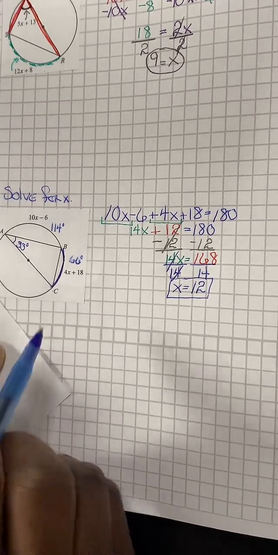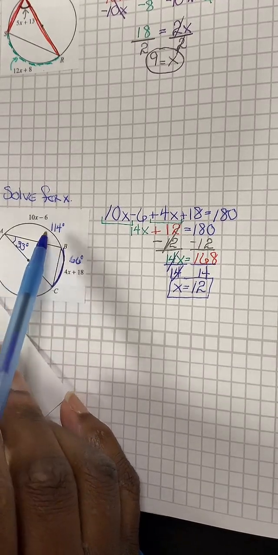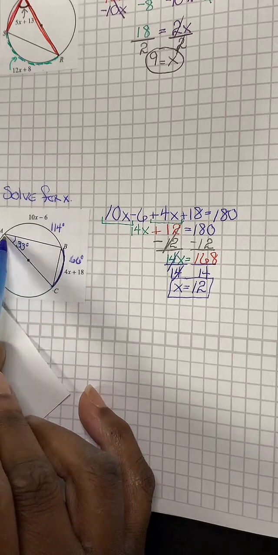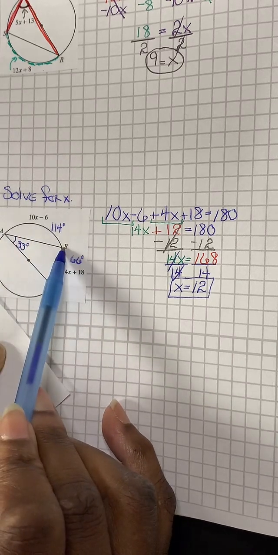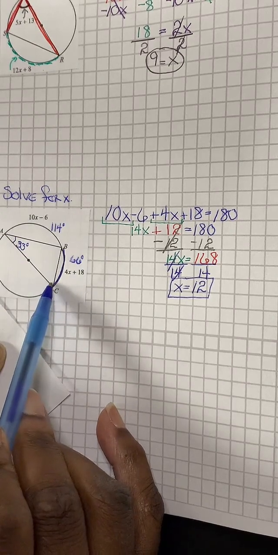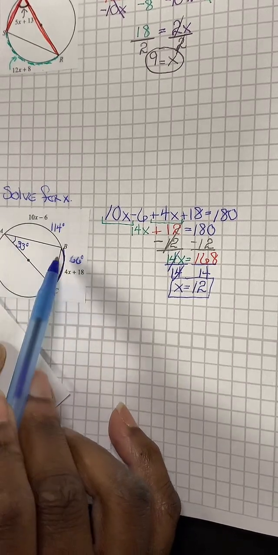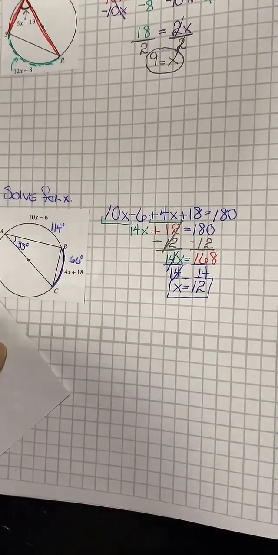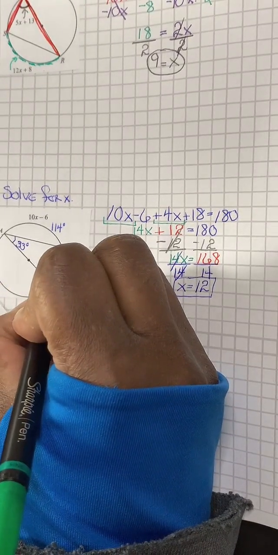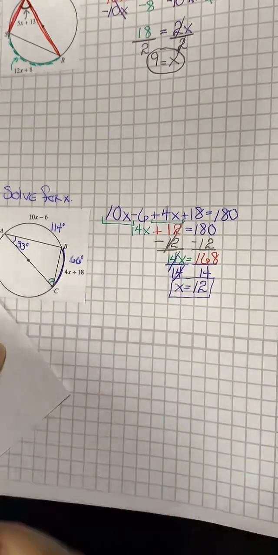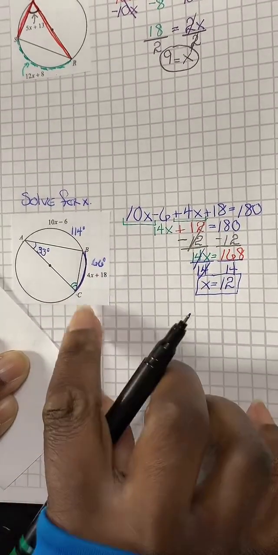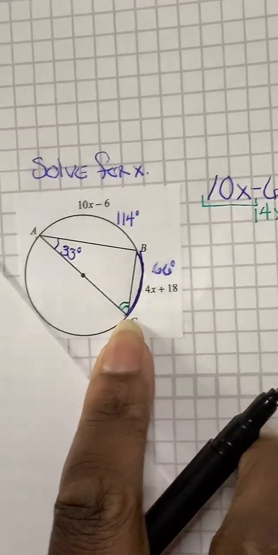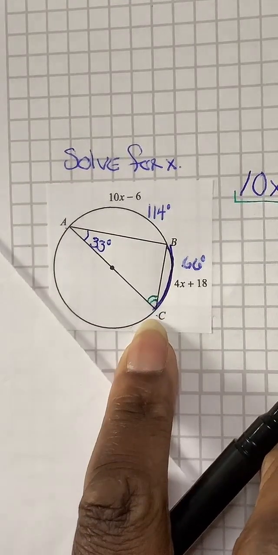So we know the measure of this arc was 114. What's the measure of this angle ACB? What would be the measure of this angle, so you guys can see?